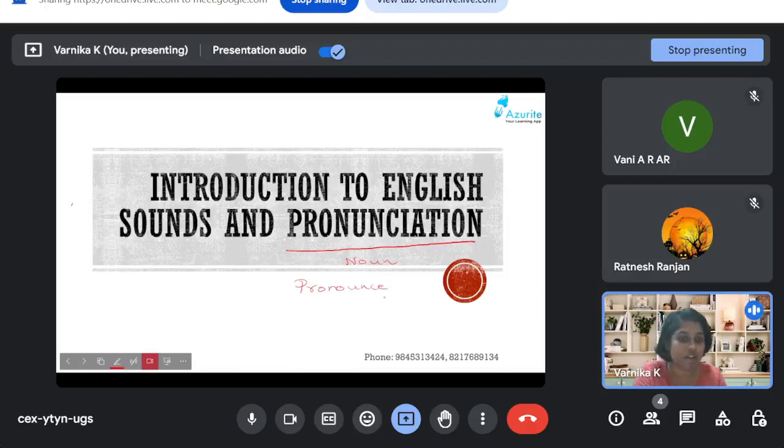How to pronounce it, right? You have to read with the O. How to pronounce the word, that's how you ask. But when I'm saying pronunciation, it comes with the U. Pronunciation. That's how it's pronounced.